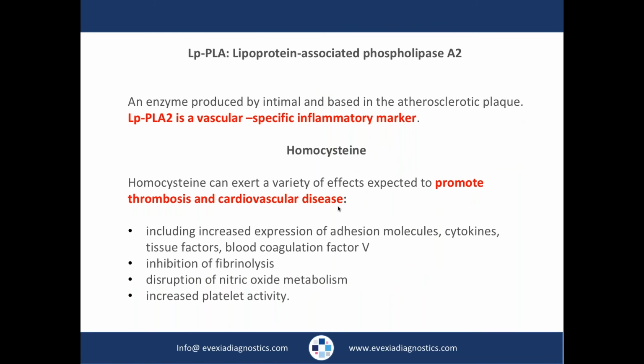This other marker, and speaking of the arterial walls, guess what? This marker, lipoprotein-associated phospholipase A2, is an enzyme produced by the intima and at the base of the atherosclerotic plaque. In other words, it's produced right at the plaque. So when that enzyme goes up, it is a specific marker for vascular inflammation.